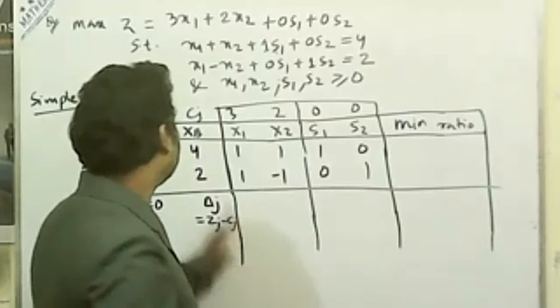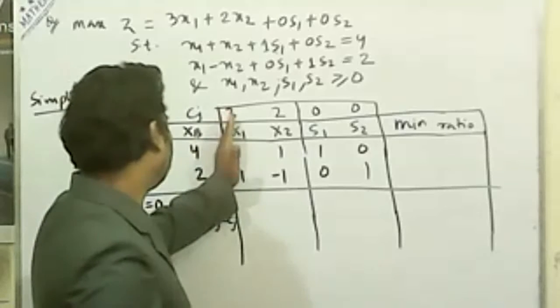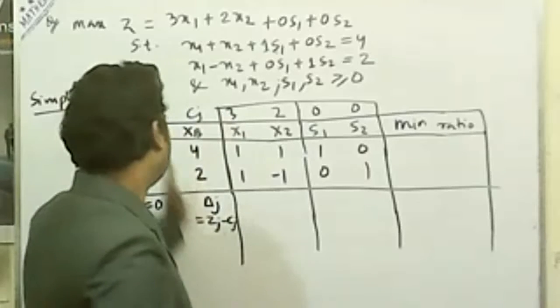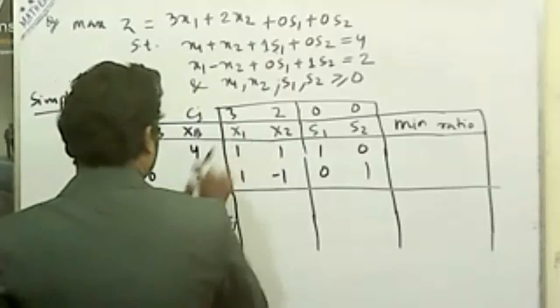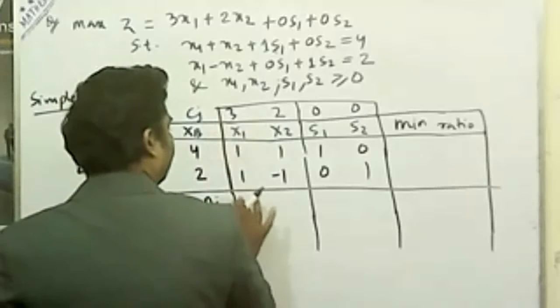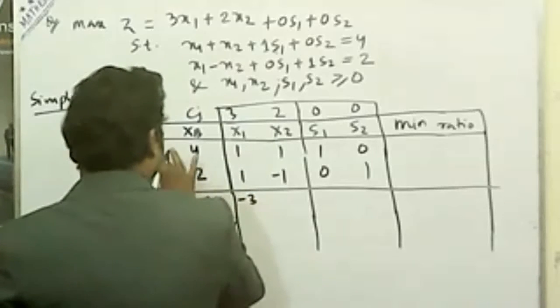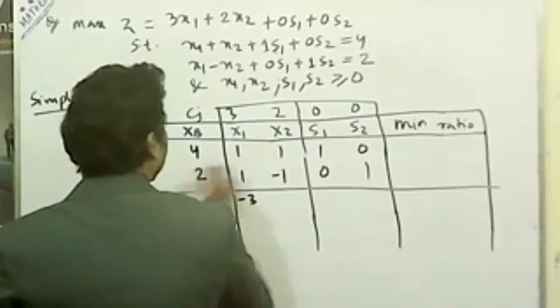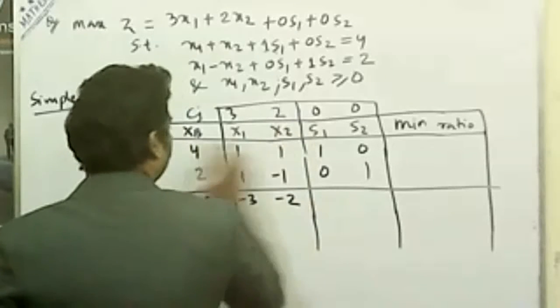ZJ means CB into XJ, so Z1 minus C1 is CB into X1 minus C1. So 0 into 1, 0 into 1 minus 3, that is delta 1, which is minus 3. Similarly, 0 into 1, 0 into 1 minus 2, that is equal to minus 2.